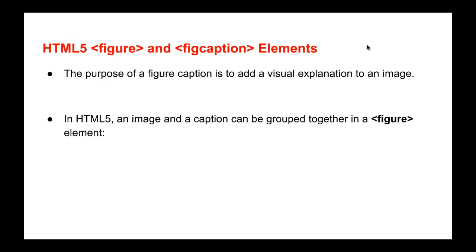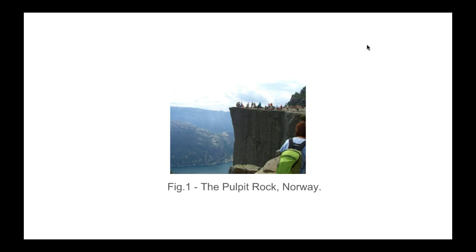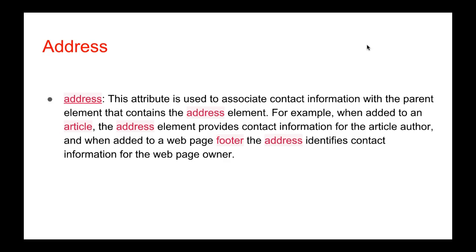The purpose of a figure caption is to add a visual explanation to an image. In HTML5, an image and a caption can be grouped together in a figure element. This is the figure code example, and this is how it looks like.